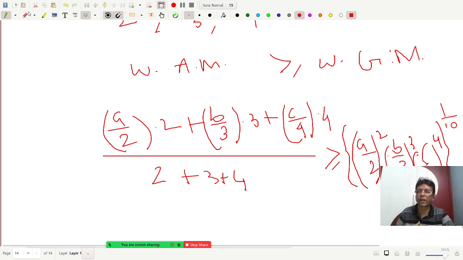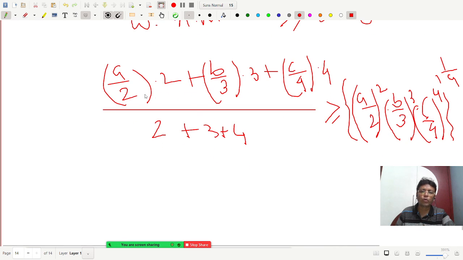Oh, sorry, 1 over 9. That's my mistake. It will be 1 over 9. So look at that. The numerator on the left will be a plus b plus c, and that is 18, because it's given in the problem.